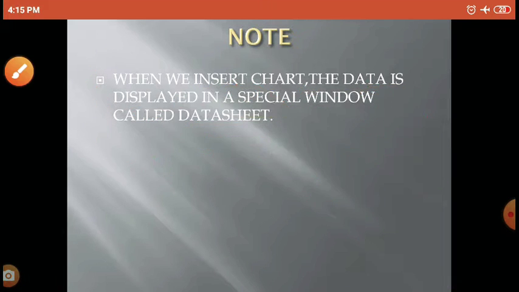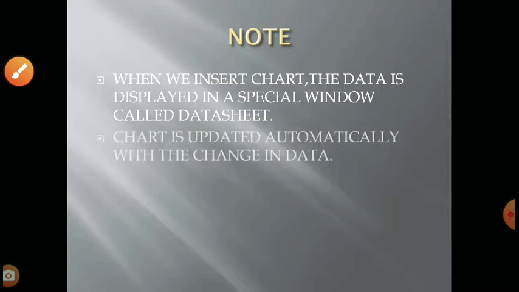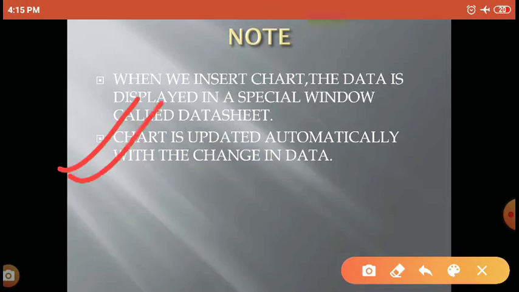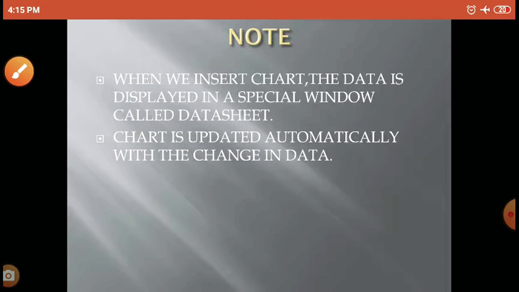Okay class, next point, chart is updated automatically with the change in data. Like if you change the data in your table or in your Microsoft Excel, the chart data will also change. This is also a very important point to remember in chart.